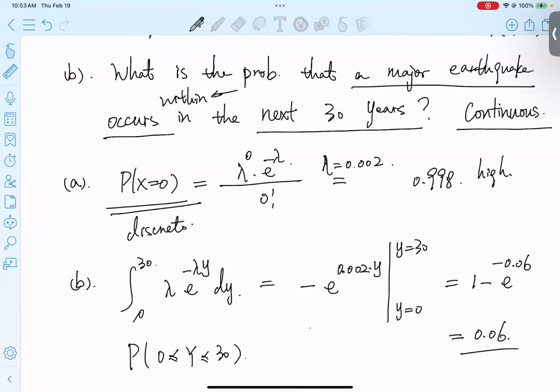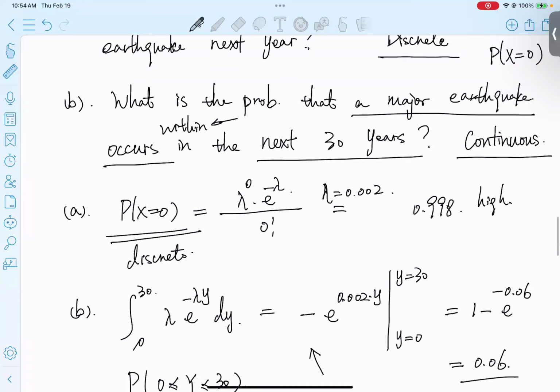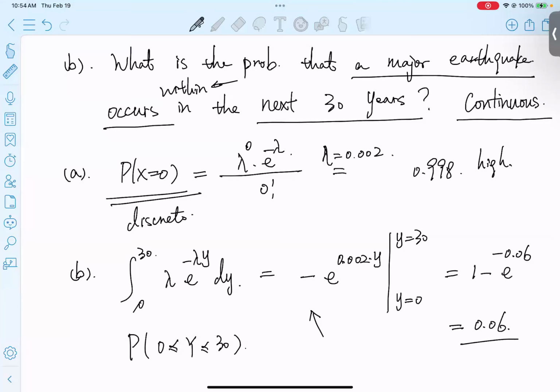So this is what we did at the end of the last lecture, when we used the exponential distribution to talk about a continuous time frame to answer this question. For the first part, A, we are talking about discrete, exactly 0. The second part is that we talk about any time happening in this window.